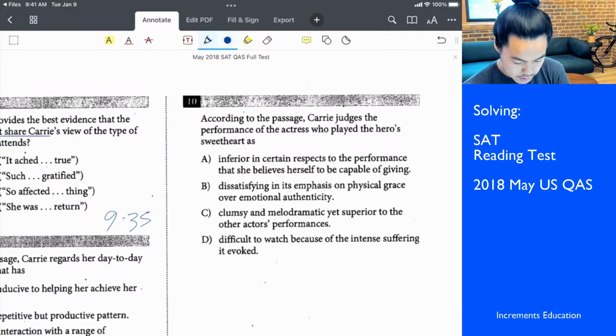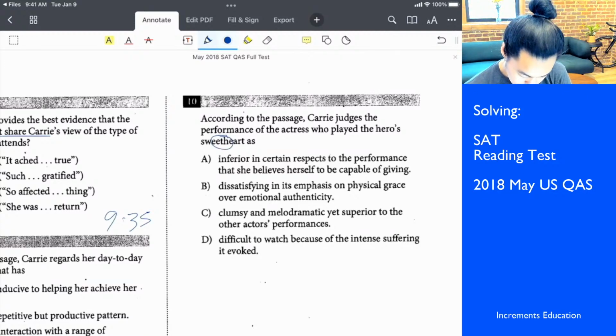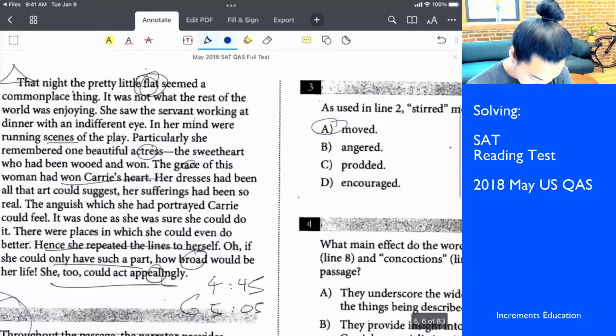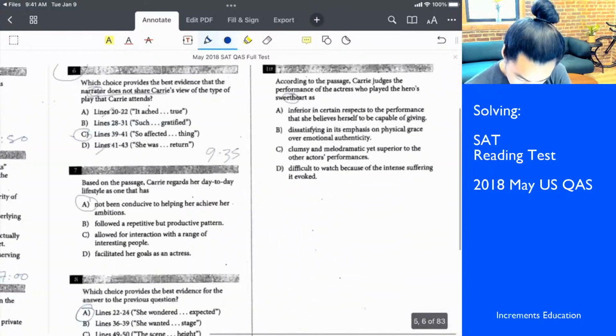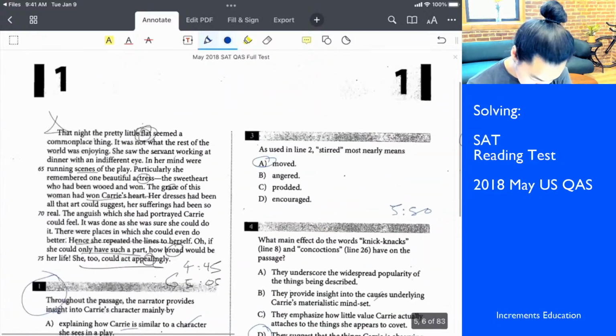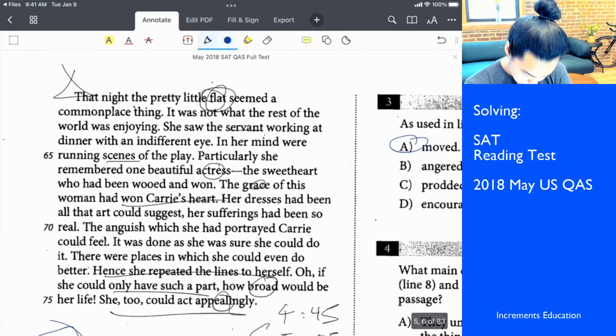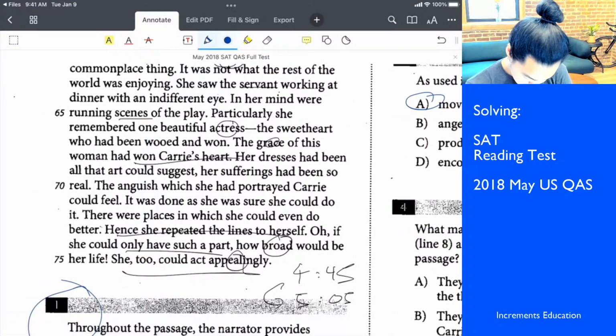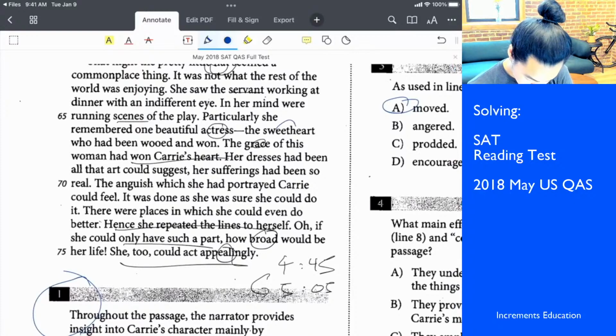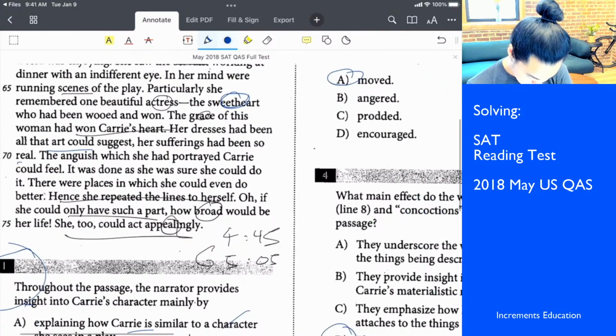Carrie judges the performance of the actress who played the hero's sweetheart as amazing. Right? Wait, what's the name of the hero's sweetheart? So it's over here. Is this the hero's sweetheart? The sweetheart, there we go. Her dresses have been all that archetypes real, the anguish she could feel.